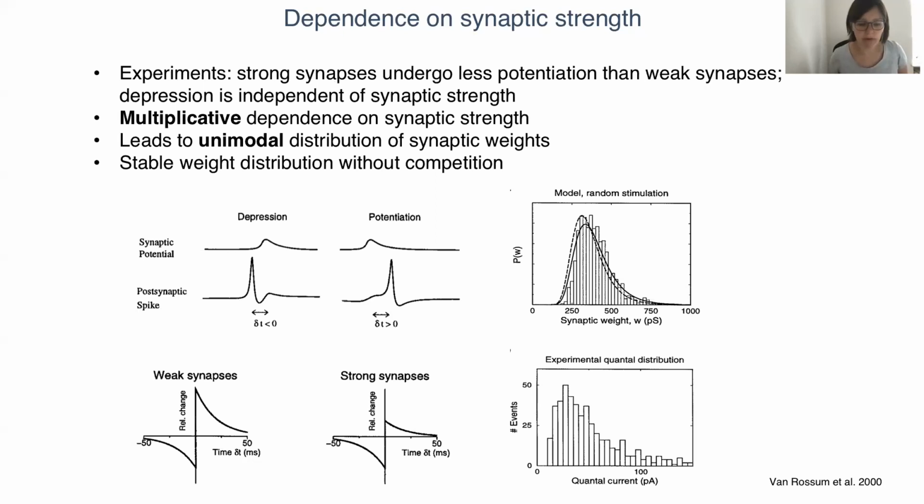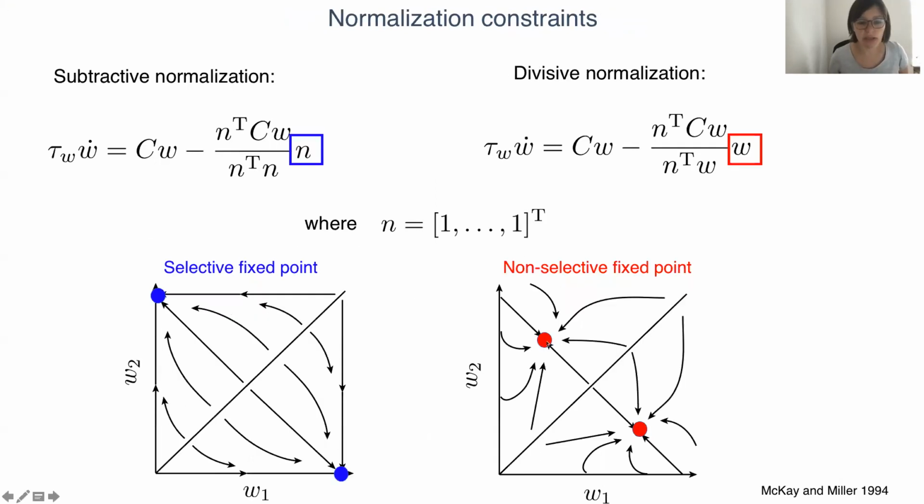So remember, for the Mackay and Miller result, they showed that if you apply this multiplicative normalization, what you get is just these so-called non-selective fixed points. Here, both W1 and W2 become non-zero. One is a little bit bigger than the other, but they achieve this so-called graded receptive field, meaning that neither weight goes to 0, both of them become non-zero.